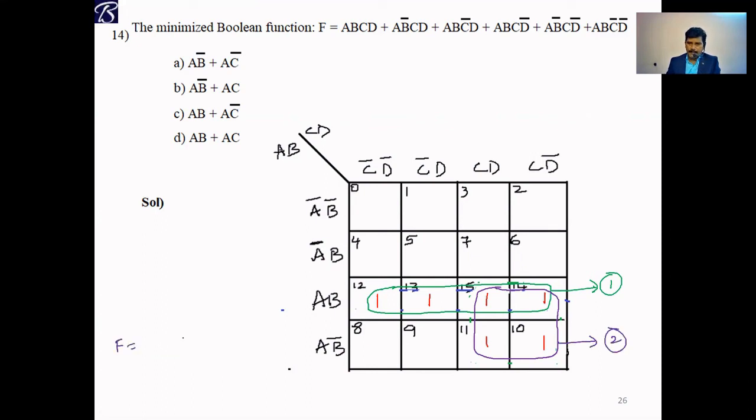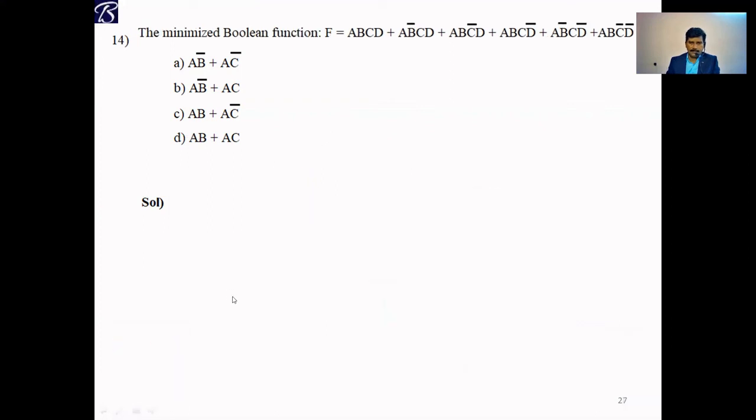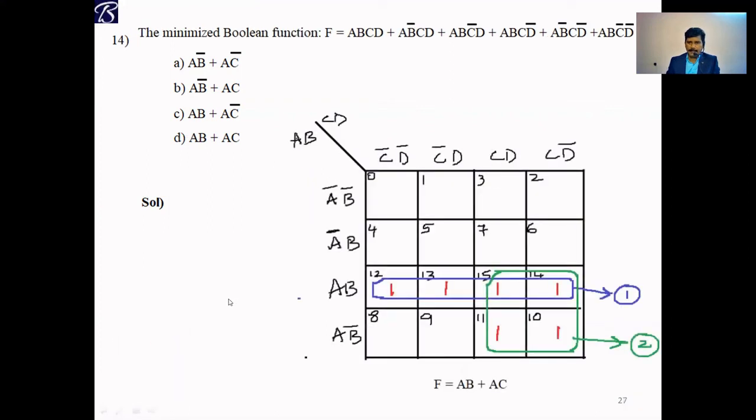The minimized SOP is AB plus, this one, the common term is A, here common term is C, AC. So check the option, AB plus AC. Option D is correct. So check the answer. Yeah, AB plus AC.